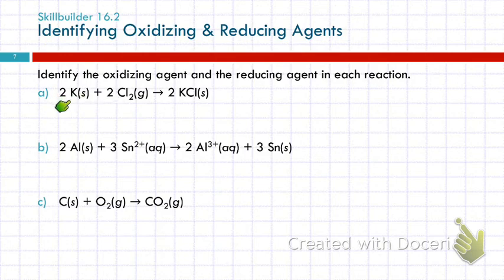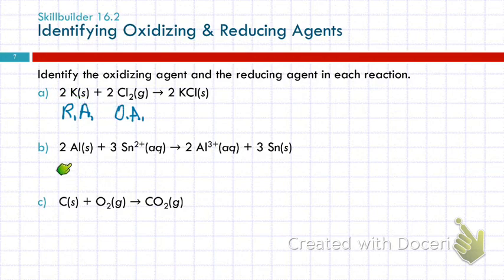So the potassium is causing the chlorine to get reduced. So the potassium is the reducing agent. Call them RA, reducing agent, and the chlorine is the oxidizing agent. The potassium was oxidized, the other guy is the oxidizing agent.